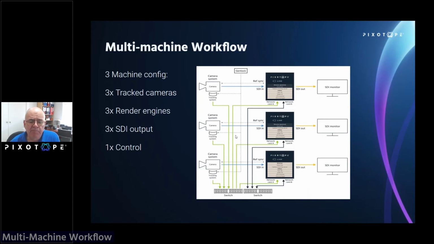We have three cameras, and each of them has a tracking system, and it's coming to the individual renderer. We could, of course, use a single camera tracking server and pipe all our cameras into that and then spray the output from that tracking server to these three. But that would make our camera tracking server a single point of failure. So if that, heaven forbid, went wrong, how would we recover?